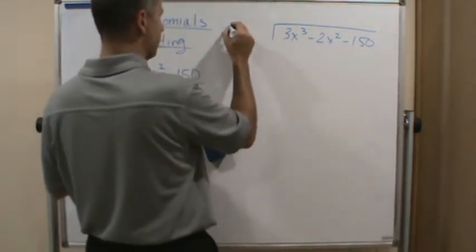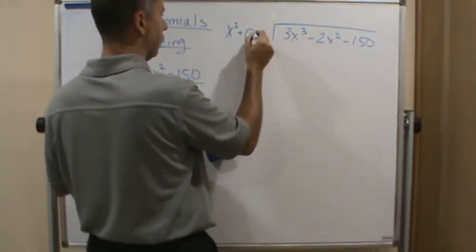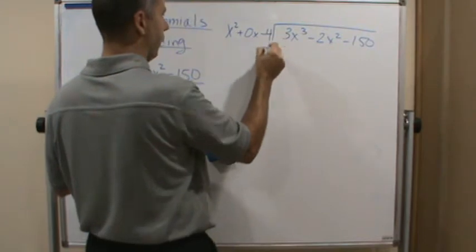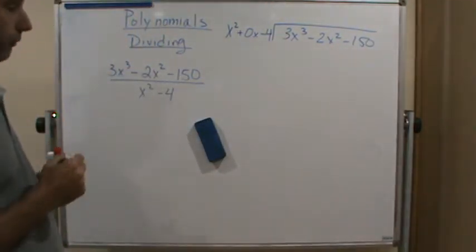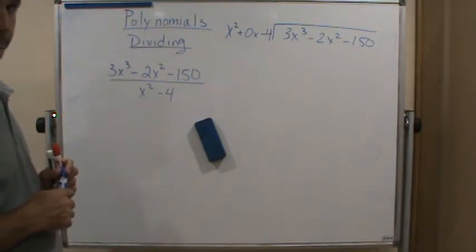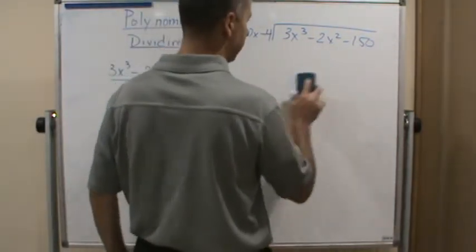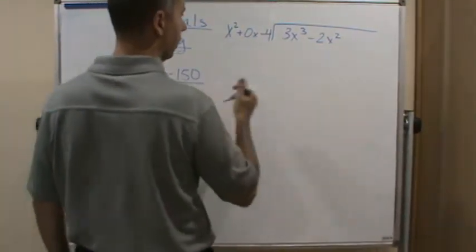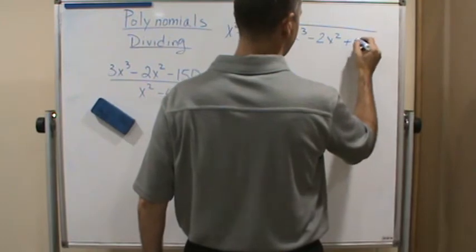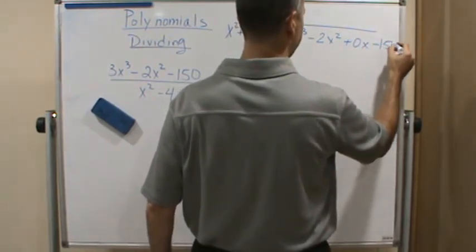So I'm going to write this as x squared plus 0x minus 4. And then here, I'm going to add plus 0x minus 150.